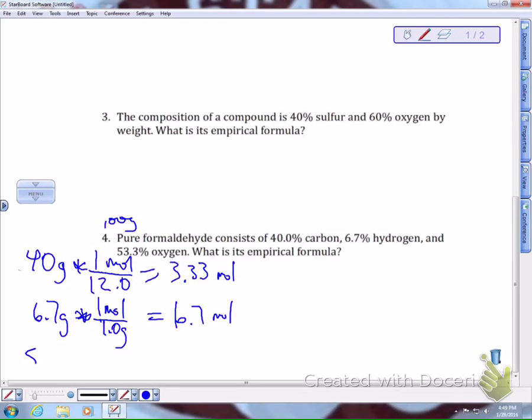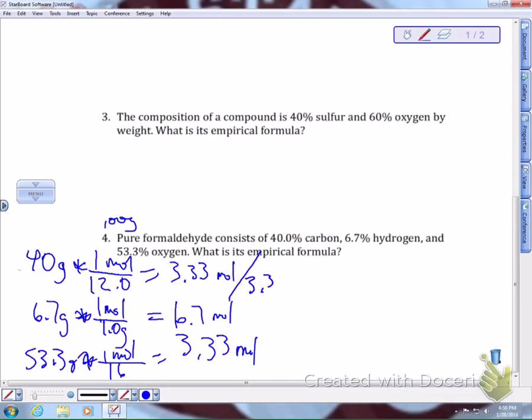And then the oxygen that I was apparently so excited to get to is 16 grams per mole. So now 53.3 divided by 16. 3.33 moles.